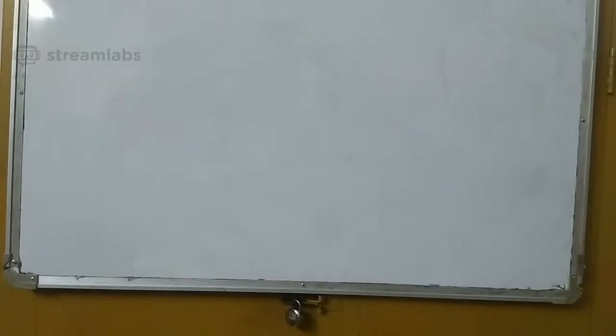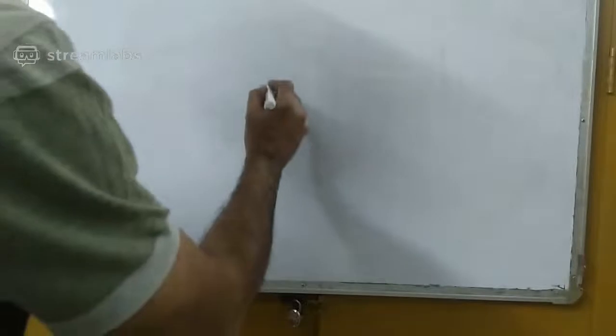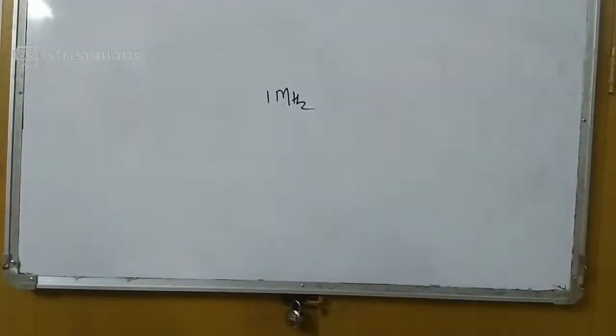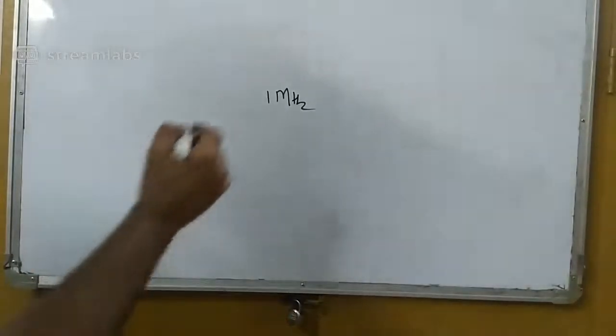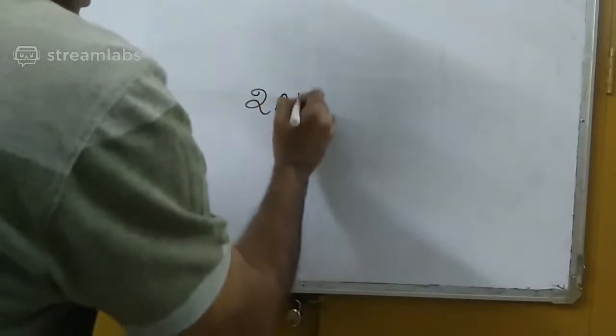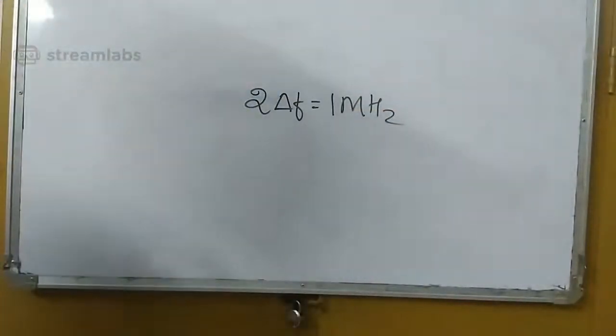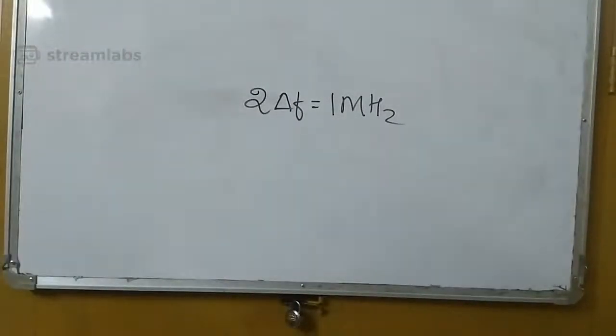You take this 2 delta f as 1 megahertz. This quantity I have not mentioned while writing the given values.